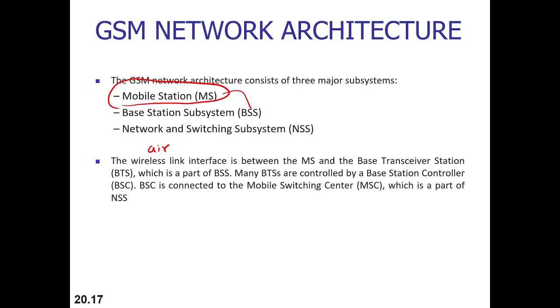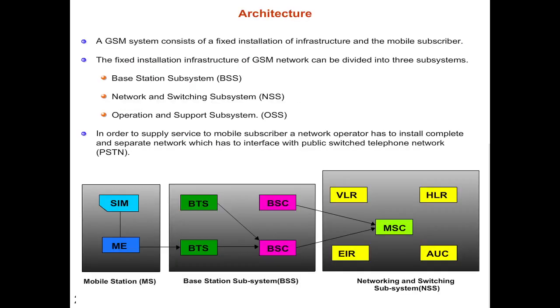So as part of your base station subsystem, you're going to have your BTS and your BSC, base station controllers. Now the BSC is going to be connected to the mobile switching center. The mobile switching center goes on to become the core part of your network and switching subsystem. So these are some of the key elements, or key subsystems, that are there as part of your GSM network architecture.